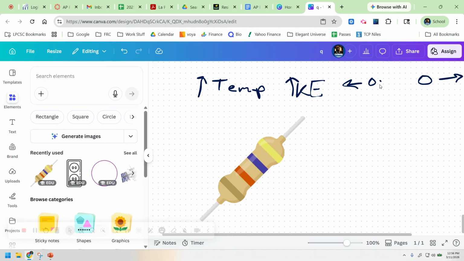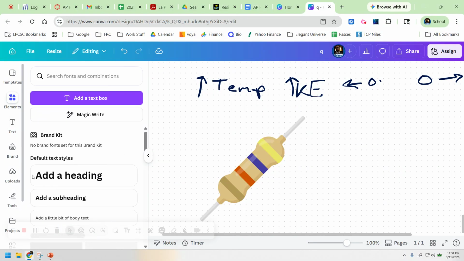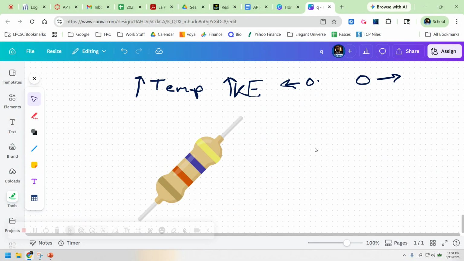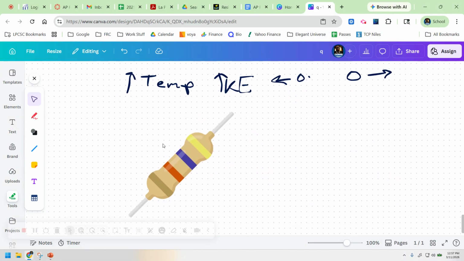Because of that V = IR. So remember how these are all connected. Remember that voltage is equal to the current I times the resistance. Does that make sense?